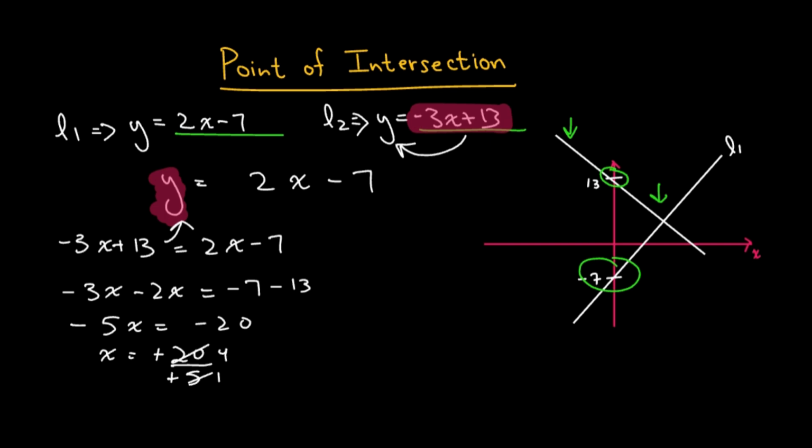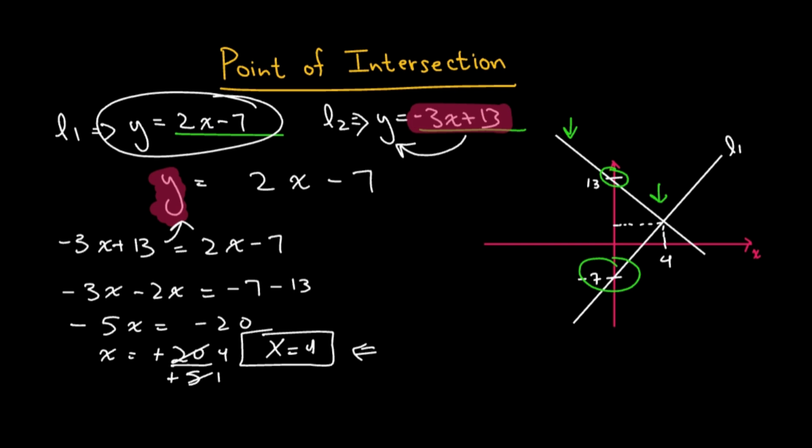So x equals 4. That means the x coordinate of this point of intersection equals 4. Now we need the y coordinate. You can substitute x equals 4 into either the equation of line L1 or the equation of line L2.